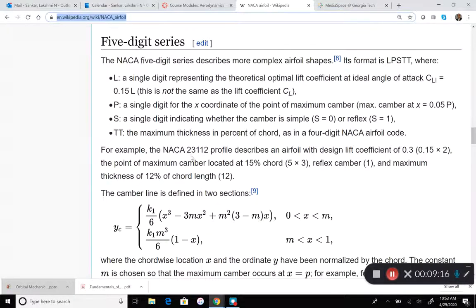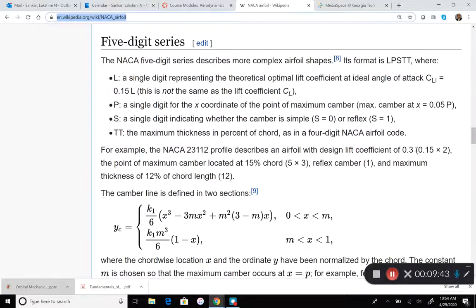How about the other digits? The L, which is the first digit, means the best lift coefficient for which you have designed this particular airfoil. That means in this particular airfoil, the optimum lift coefficient is 0.15 times L. You have to make it 15% of L. So this is 2.